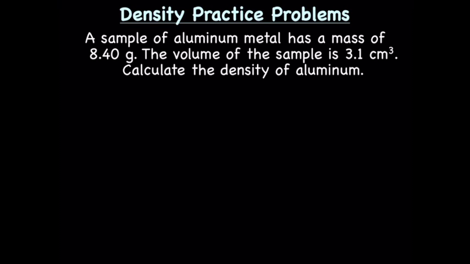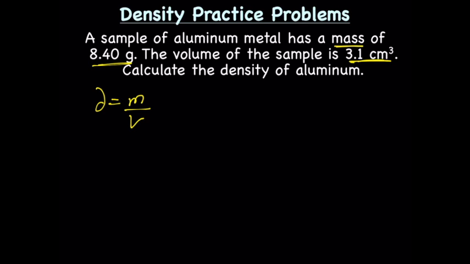All right, let's try a couple density practice problems. So we have a sample of aluminum metal that has a mass of 8.4 grams, and the volume is 3.1 centimeters cubed. Calculate the density of aluminum. Well, density equals mass over volume.